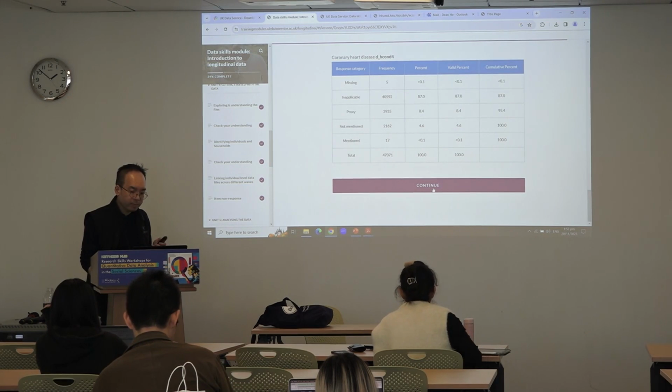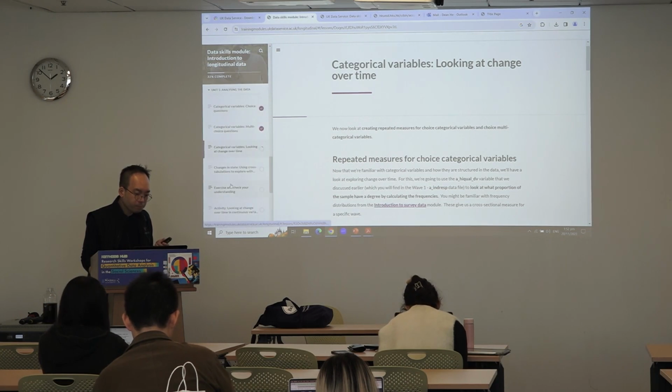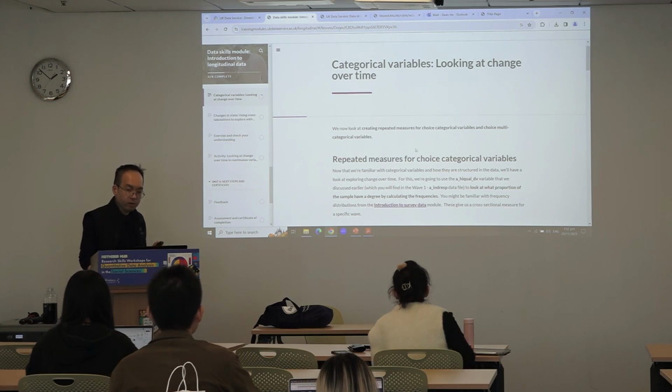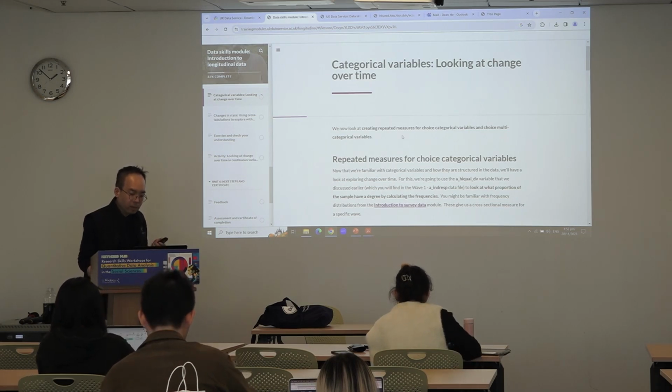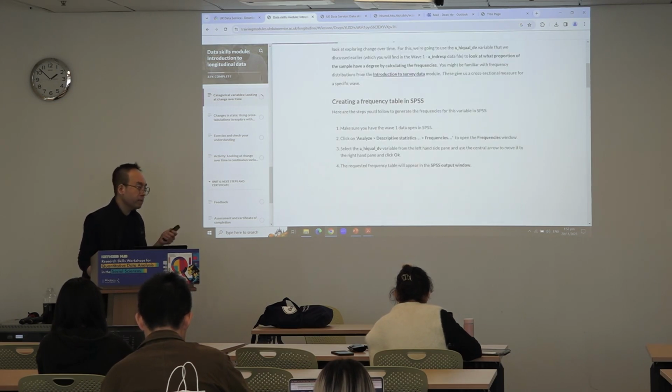This would be the expected outcome, from which you could look at the change over time of a categorical variable, which is a cross-sectional one, and repeated measures of categorical values. This is the same as the handout I have given you: create a frequency table.